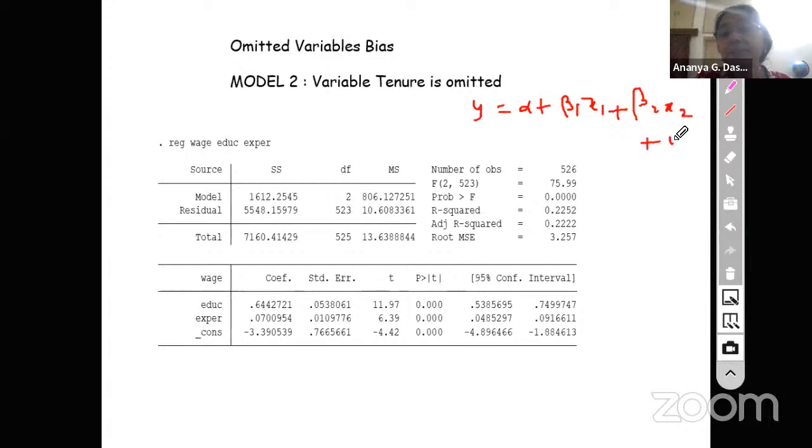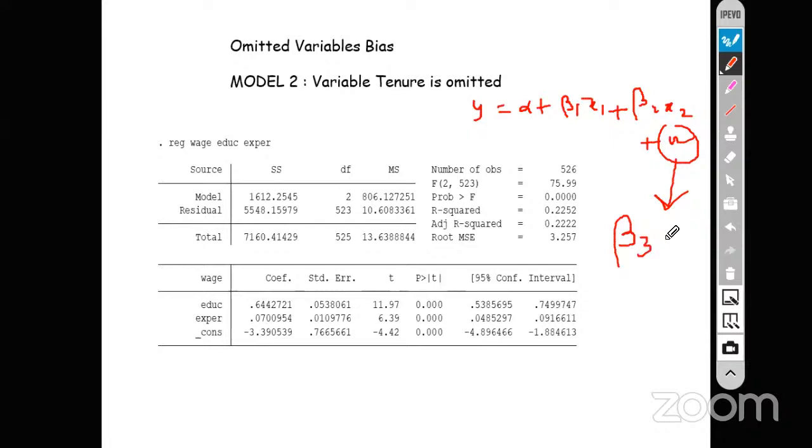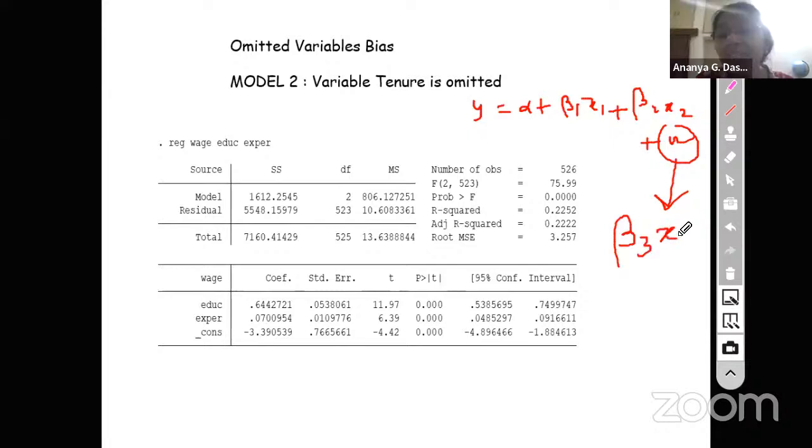That's what you think. But actually, what is happening? Actually, what you think is u contains beta3 x3. So it's actually beta3 x3 + u, because whether you like it or not, your tenure is sitting in the errors.